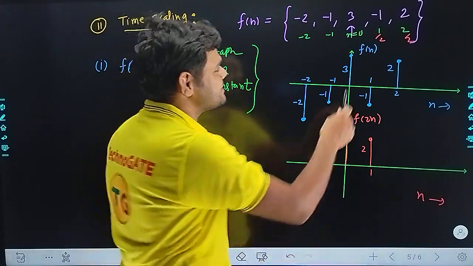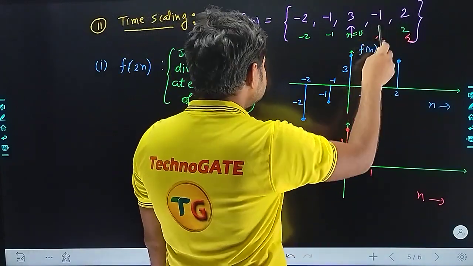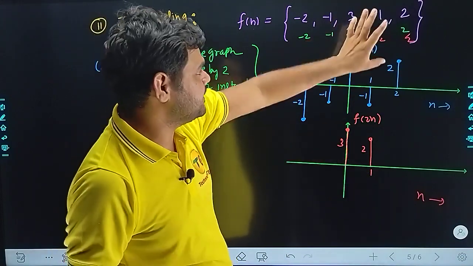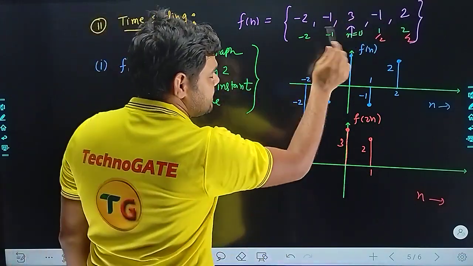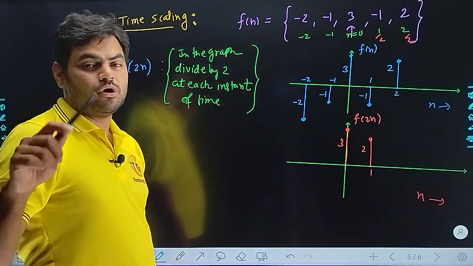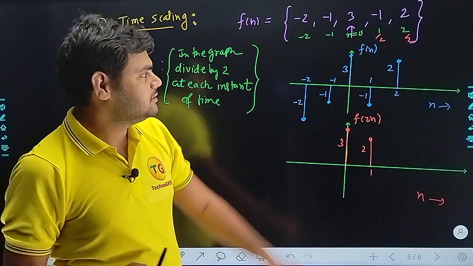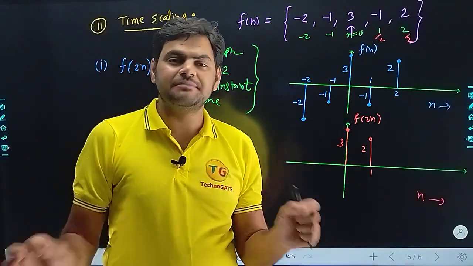So of course this minus 1 sample will be lost permanently. Please don't get confused, we are not performing the operation on the value scale, but over the time scale.